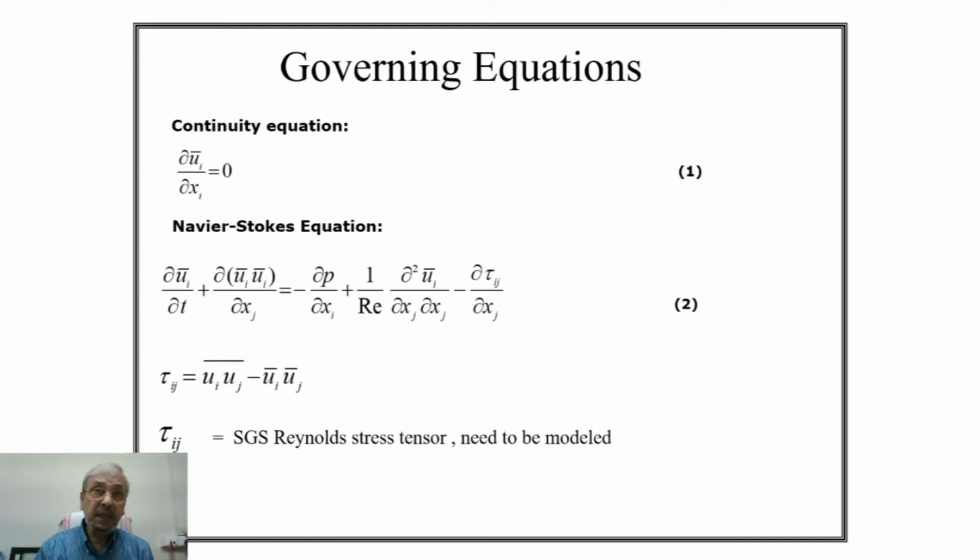This has some similarity with Reynolds stress, but it is not Reynolds stress. These are not fluctuating quantities. These are spatially unfiltered quantities which are not yet resolved, and we write them on the right hand side, and we say that we will be modeling it.